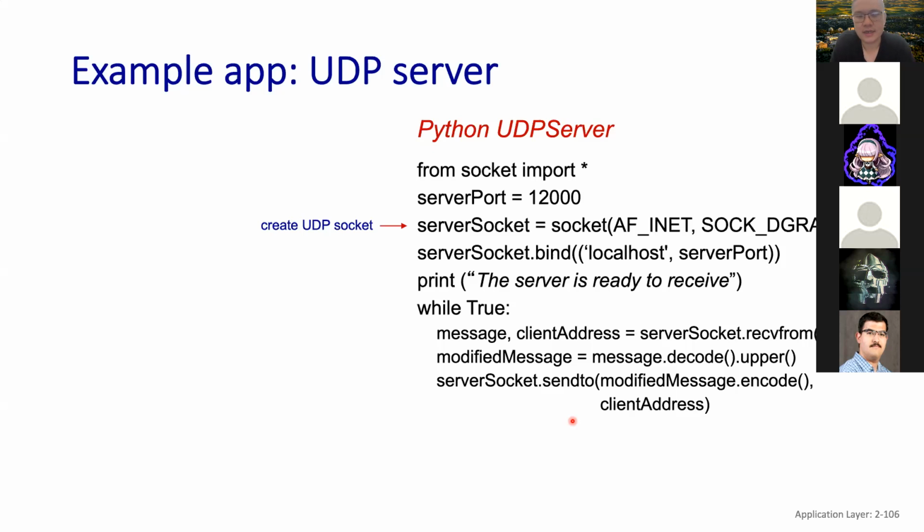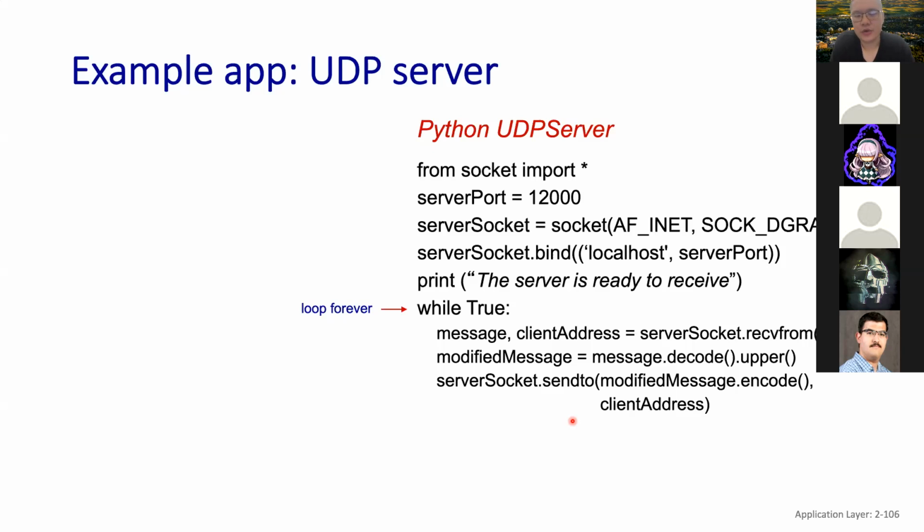And for the server side, you create a UDP socket, and you bind the socket to the local port number, right? This is an important step. You need to bind the socket, right? And after that, you just print that the server is ready. Okay, I'm ready. I'm just waiting for the client to send me some data.